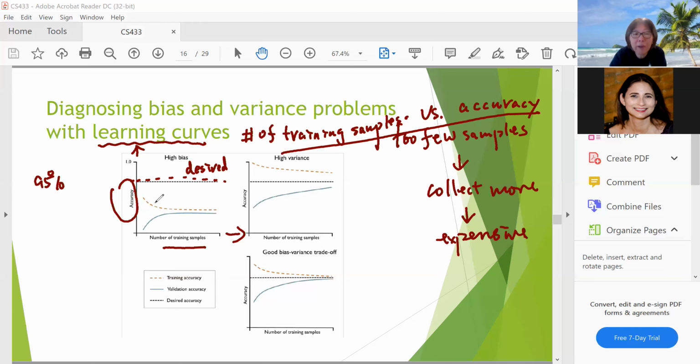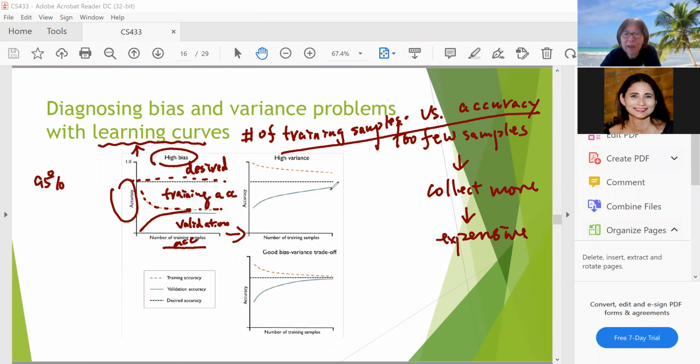In this scenario, for this dotted curve, this is the training accuracy, and for this blue one, this is the validation accuracy. We can clearly see both training and validation are far below the desired one. Definitely, it's because of high bias. So the model is not good.